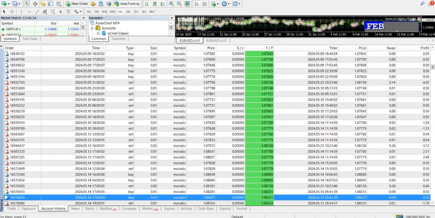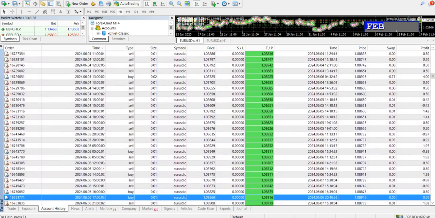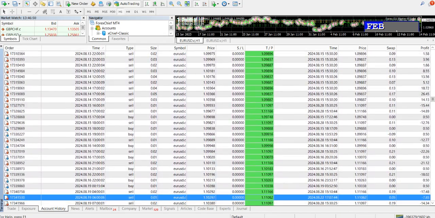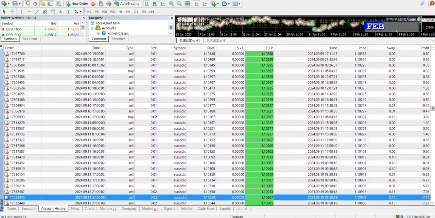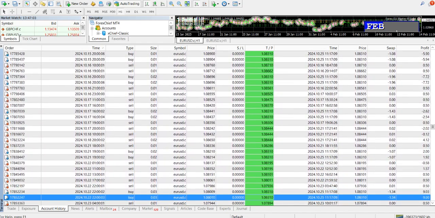I'm showing you everything from the start, from 15th of April 2024 till 14th of February 2025. That's a good duration actually. While I'm scrolling a little faster, it's because if I showed you every trade, it might take around an hour or maybe more than that.